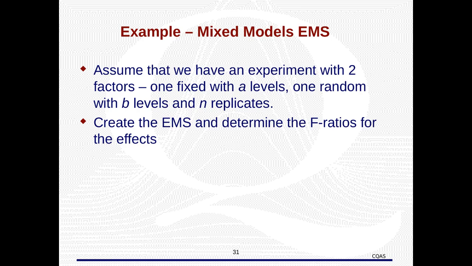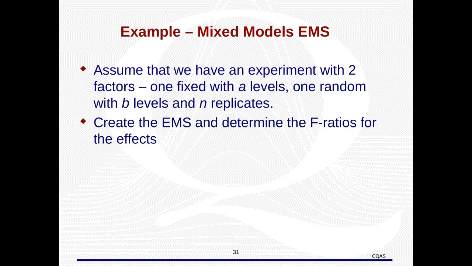The EMS is a critical component in determining the F ratios for each effect. To calculate these F ratios, we need to compare the observed mean square, MS, with the expected mean square, EMS. The ratio of MS to EMS gives us the F statistic, which helps us determine whether an effect is statistically significant.